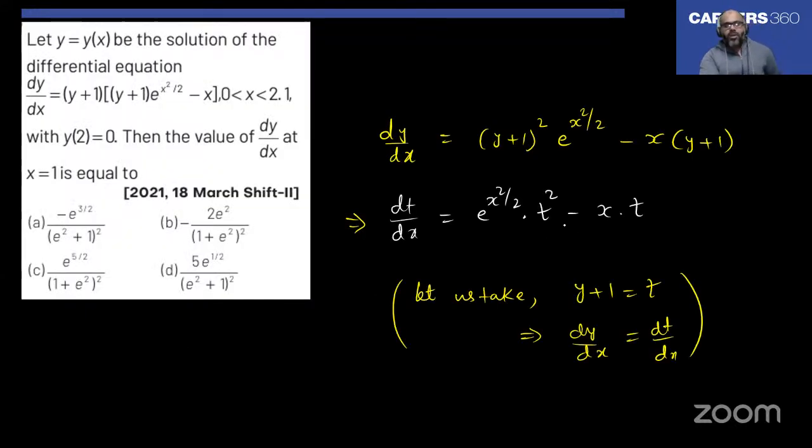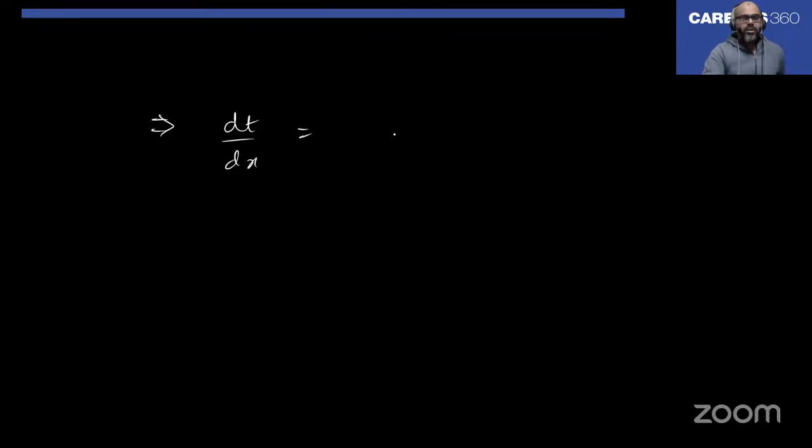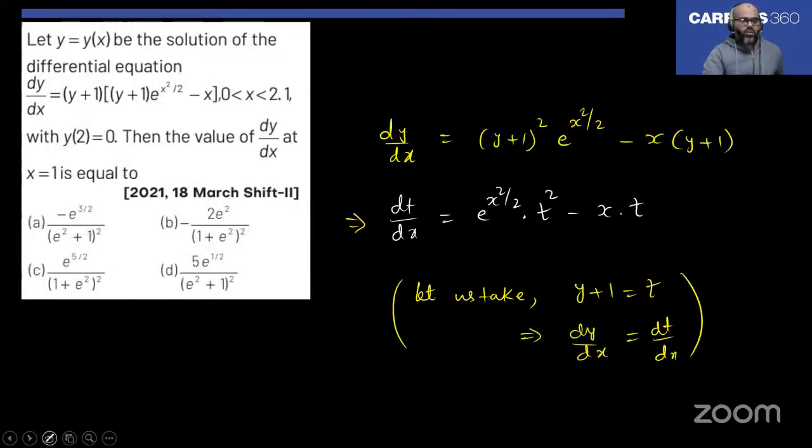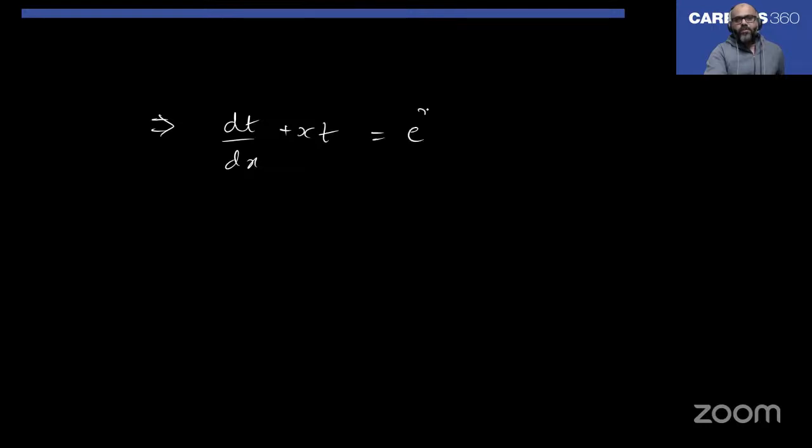Now this becomes dt by dx is equal to, now we can take this t square in the division. So first write it like this, dt by dx plus xt is equal to e to the power x square by 2 into t square.